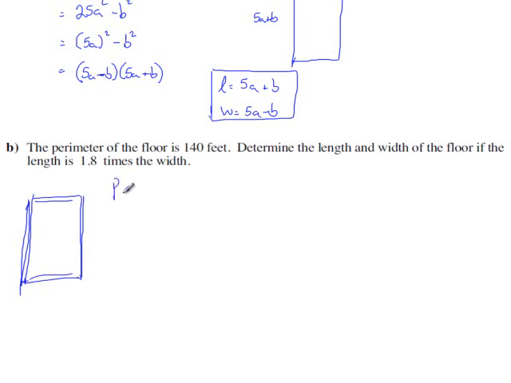So perimeter equals 2 times the length, so 2 times (5a plus b), plus 2 times the width, so plus 2 times (5a minus b). And you've been told that this equals 140 feet.